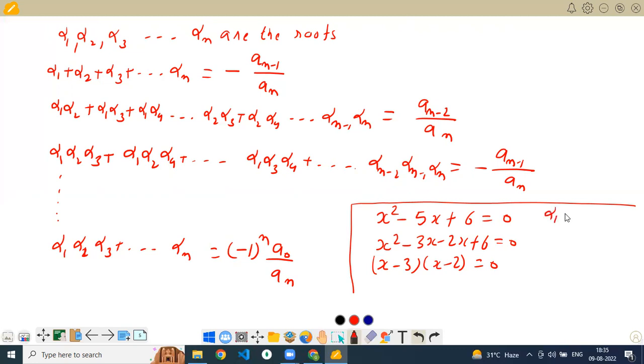So I say alpha 1 is equal to 2, alpha 2 is equal to 3. There are two roots. What is the sum of the roots, alpha 1 plus alpha 2? 5. Which, if I see here, is minus of minus 5 by 1, minus of a_(n-1) upon a_n.